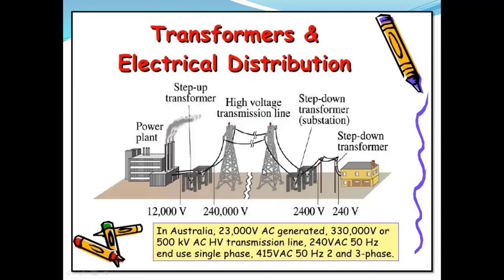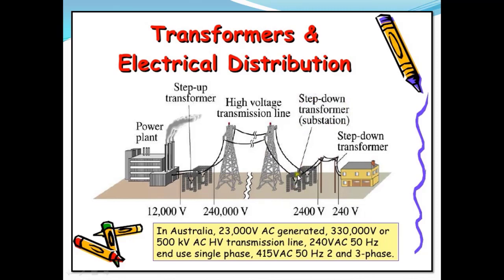Now we can see such a transformer system shown on this page 303. This is the power plant from where we get the distribution of the electric current, and different transformers are used. Here the step up transformer is used. Then here are the high voltage transmission lines, we can see these tower lines, and here is the step down transformer for the substation.